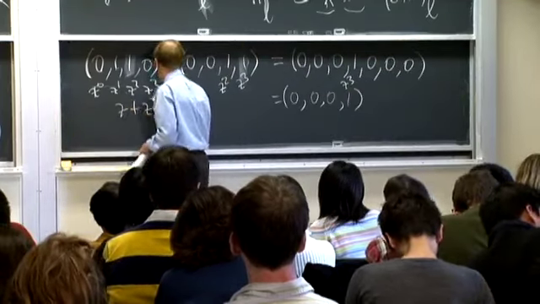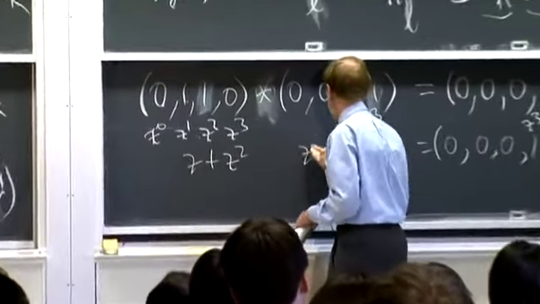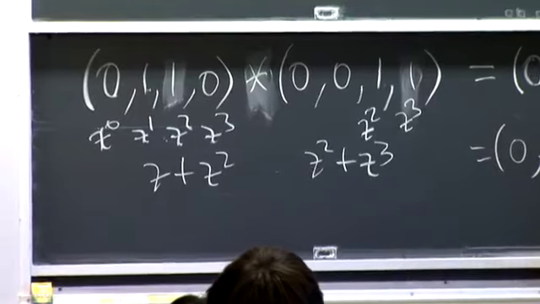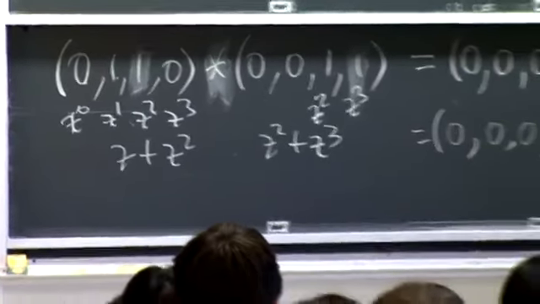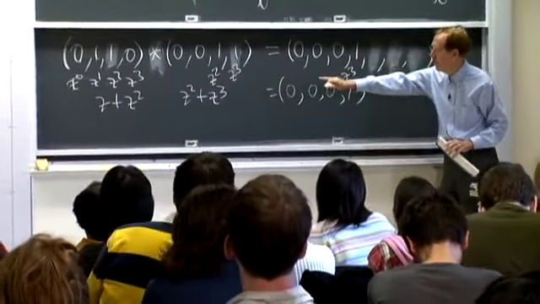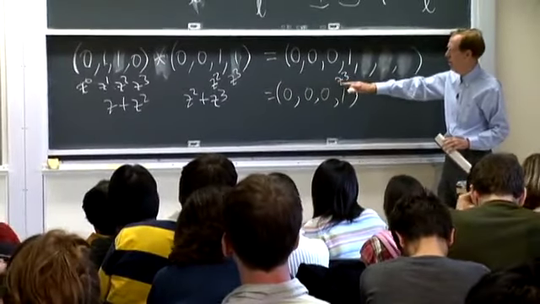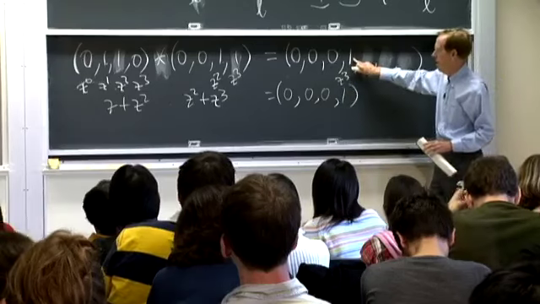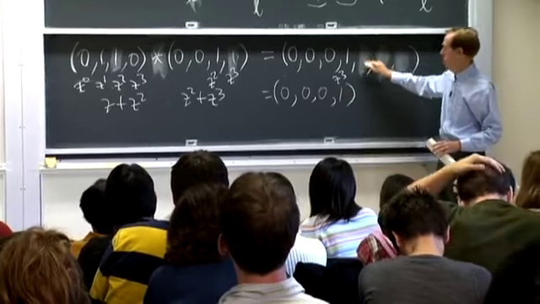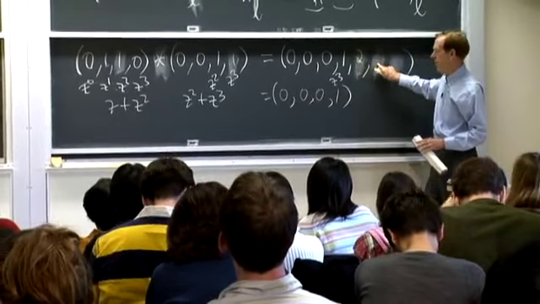Z plus z squared is multiplying z squared plus z cubed. And in the long form, what do I get? Let me make space. Tell me what numbers to put in. If I multiply z plus z squared times z squared plus z cubed, I get what? 1 z cubed. How many z to the 4ths? 2 of them. How many z to the 5ths?